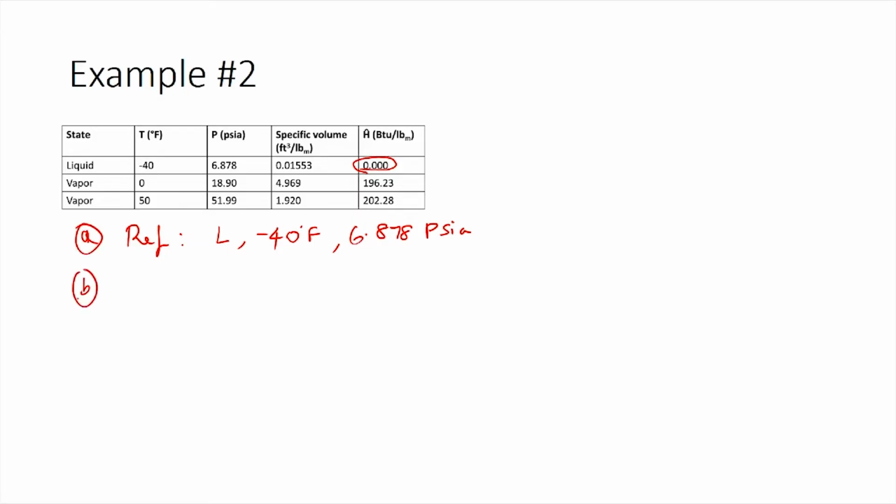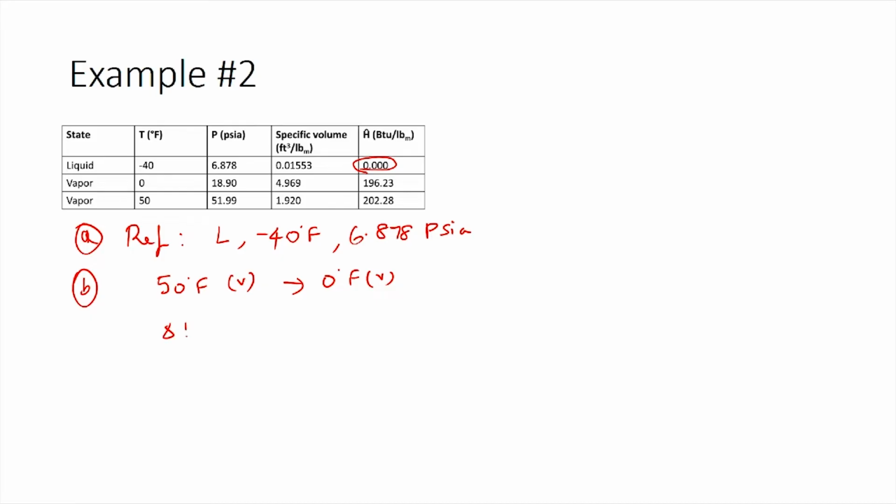Now, for the second part of the problem, we have to find the difference in specific enthalpy for the process where 50 degree Fahrenheit vapor is cooled to 0 degree Fahrenheit vapor. So, this means the initial condition is 50 degree Fahrenheit vapor and the final condition is 0 degree Fahrenheit vapor.